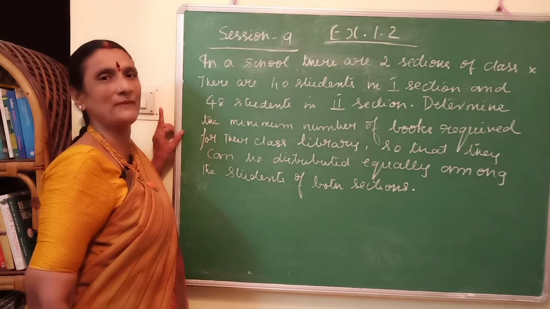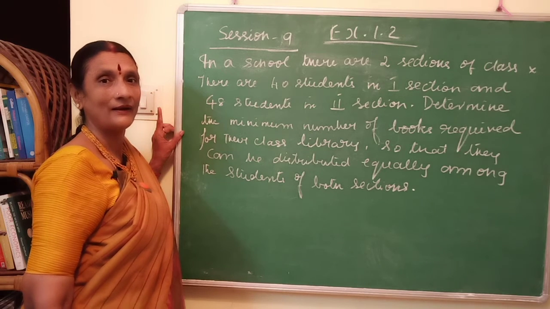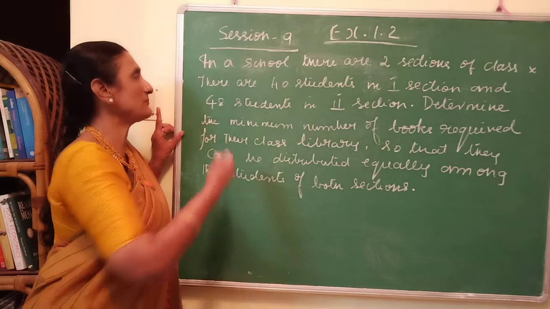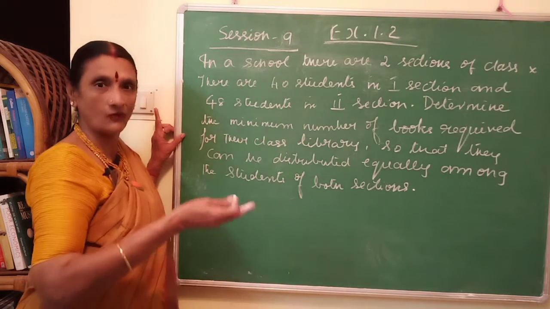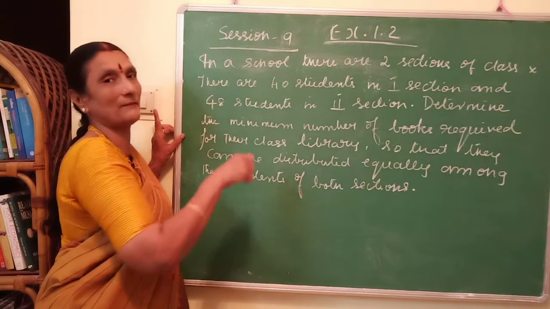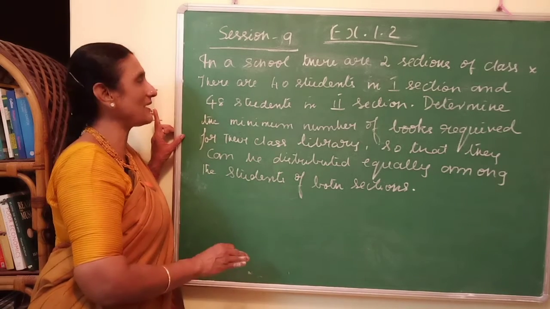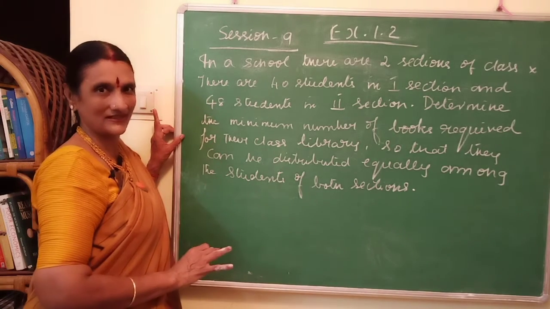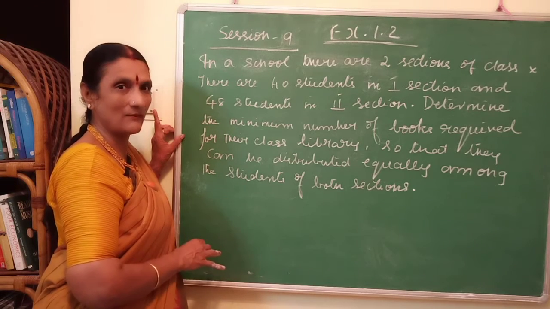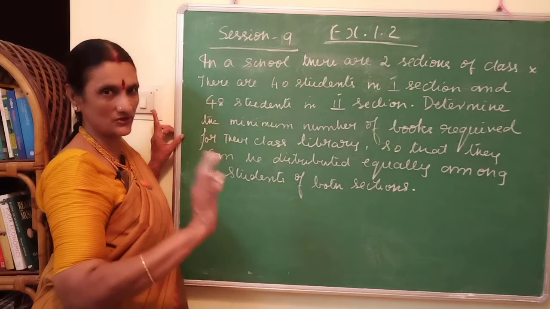Such a number is possible only if the number of books is a multiple of both 48 and 40. And you are supposed to find out the minimum number of books. That means that must be the LCM of 48 and 40. Are you understanding? That's how you should do it.